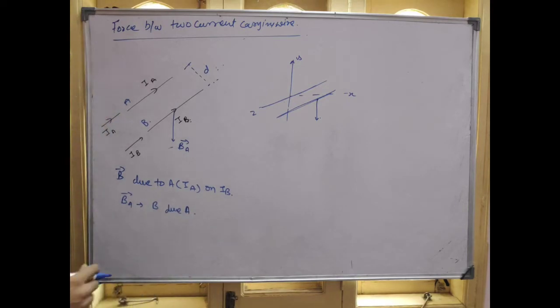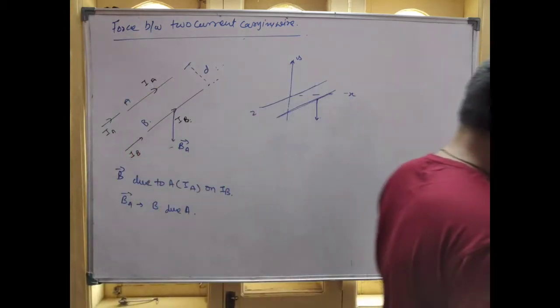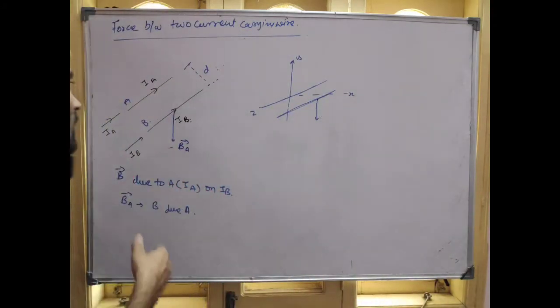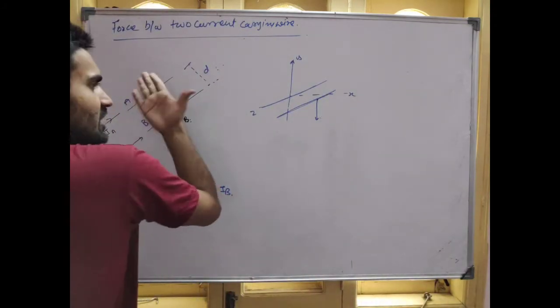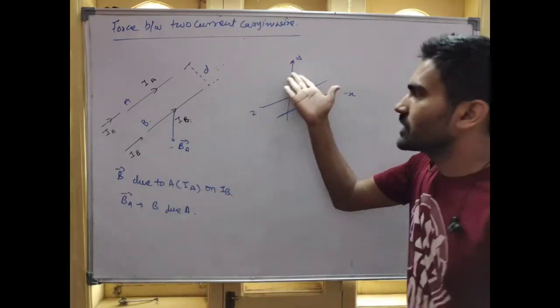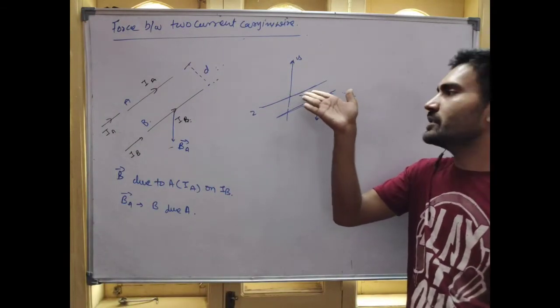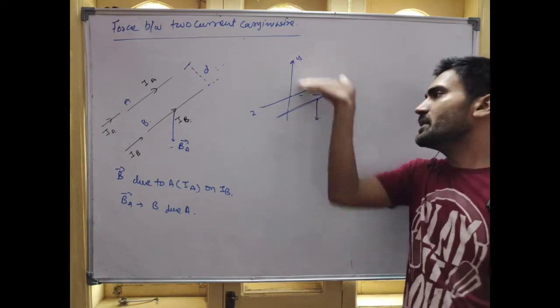Can you tell me what will be the direction of the magnetic field due to B on A? Tell me. See, keep your thumb in the direction of the current, the current is this, and stretch your fingers towards the point. So it will be upward, I think.